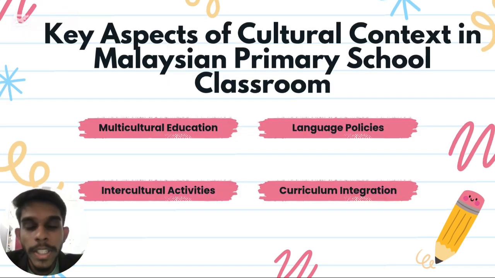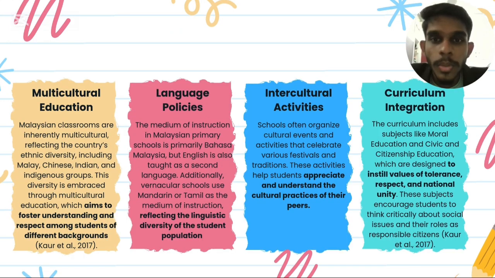So let's look into the key aspects of cultural context in Malaysian primary schools. There are four key aspects, which are multicultural education, language policies, intercultural activities, and curriculum integration. So, multicultural education.